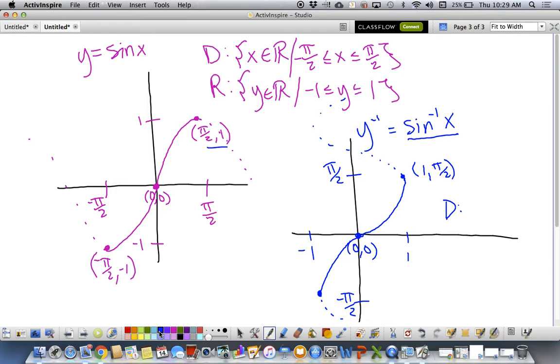Domain, what are we putting in, meaning our x values. Our x values are going between -1 and 1. So x is a set of all real numbers such that -1 less than or equal to x less than or equal to 1.